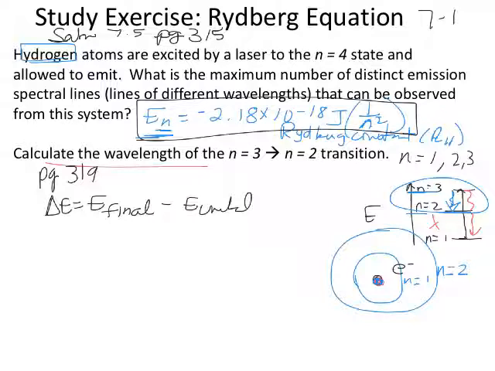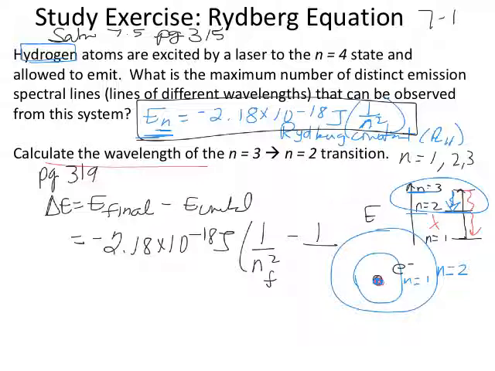When you combine it, the equation is negative 2.18 times 10 to the negative 18 joules, which is Rydberg's constant, times 1 over the final n squared minus 1 over the initial n squared.